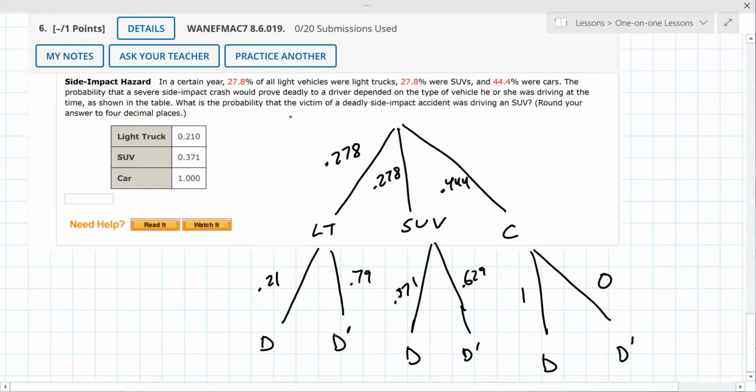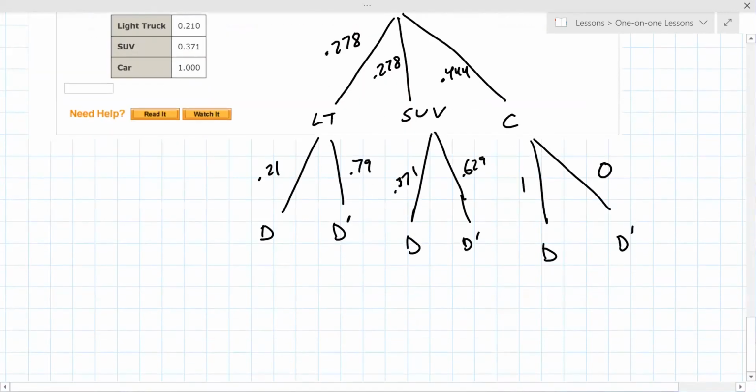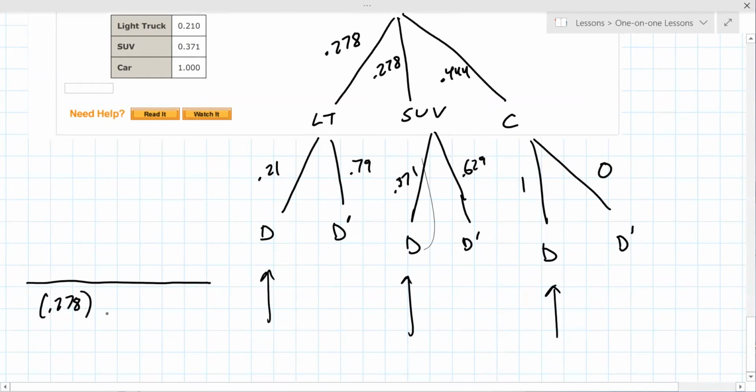Okay, so now what is the probability that the victim of a deadly side impact accident was driving an SUV? So the three places we care about are deadly, deadly, deadly, but in particular this one down this branch here because that's the SUV. The first transition is 0.278 times 0.21 plus 0.278 times 0.371 plus 0.444 times 1.